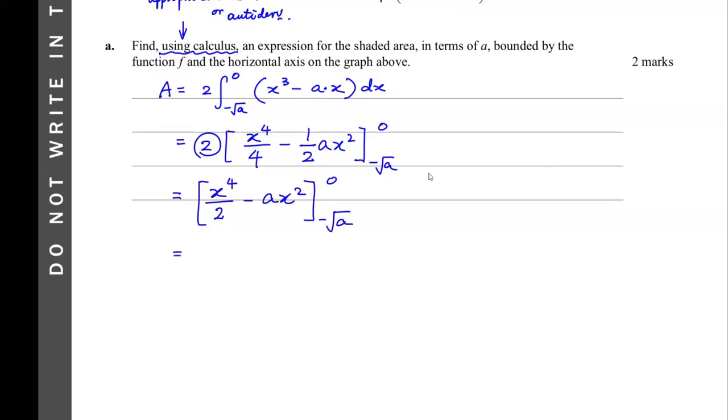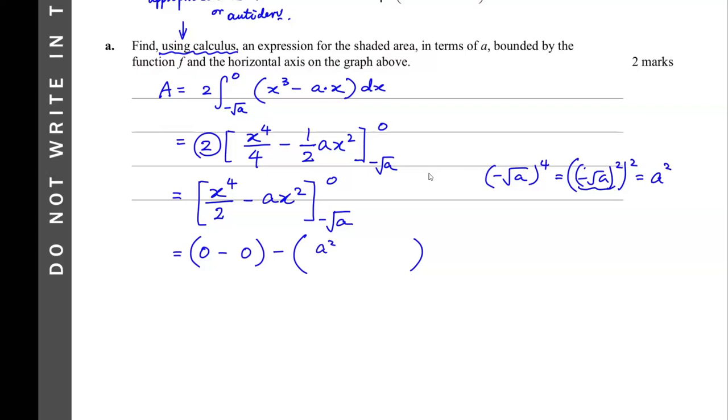You need to substitute 0 minus 0. That's the upper bound substituted. The lower bound, minus root a to the power 4. That is a squared, yep, that's just a squared, okay? Because minus root a squared, and a squared again. So a, that's inside, squared.